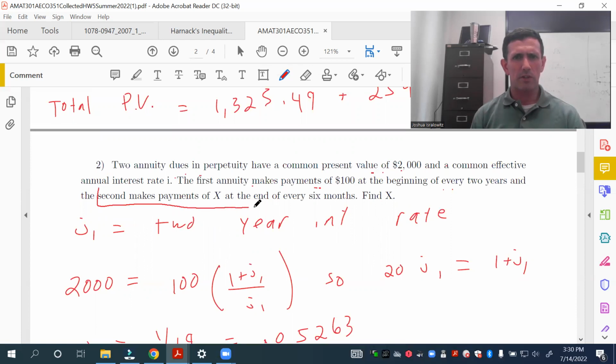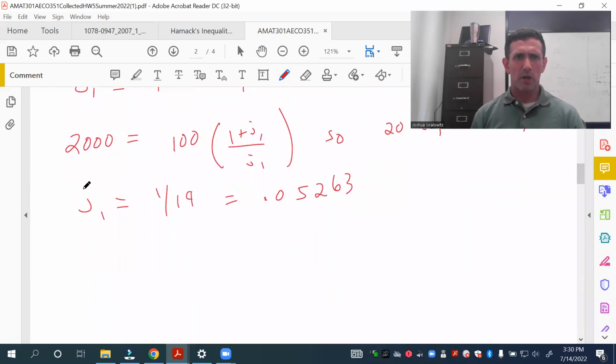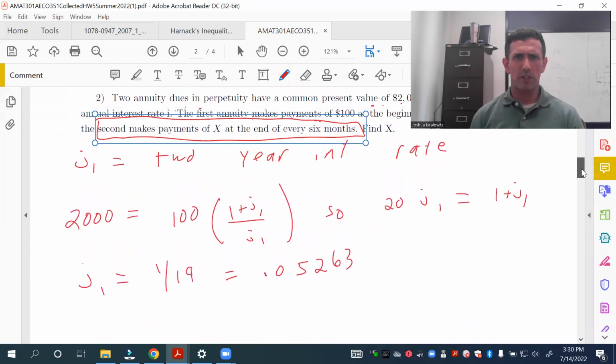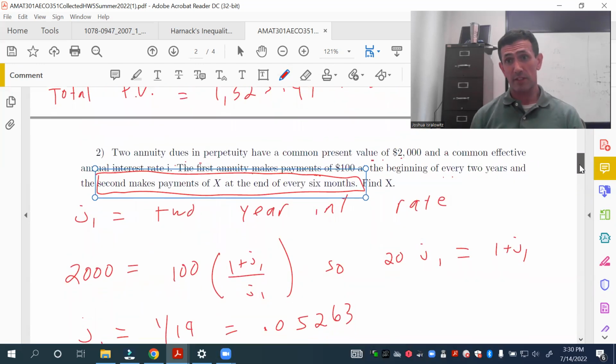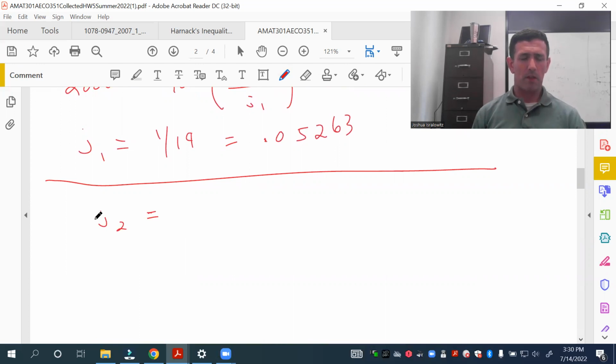All right, so let's now focus on the second one. The second one makes payments every 6 months, at the end of every 6 months. So let's first get the 6-month interest rate.